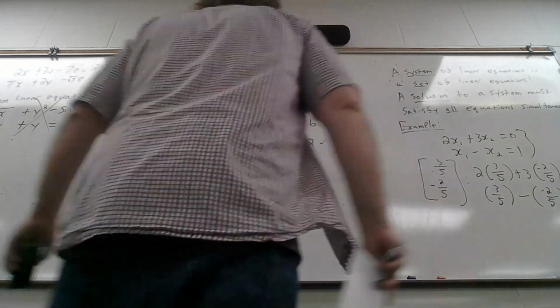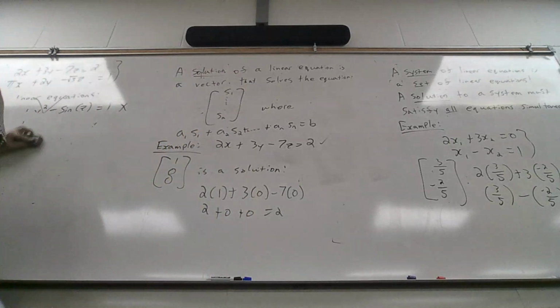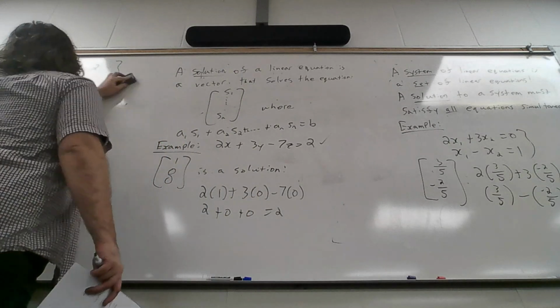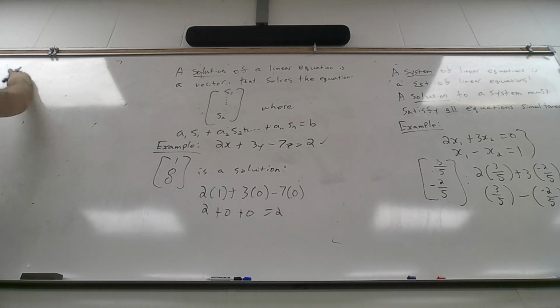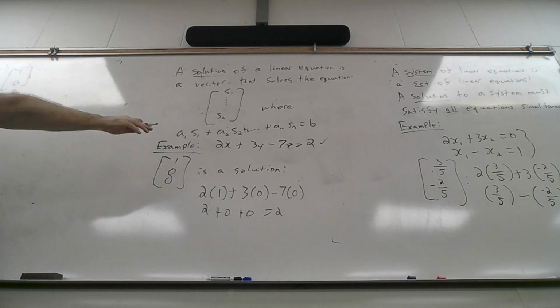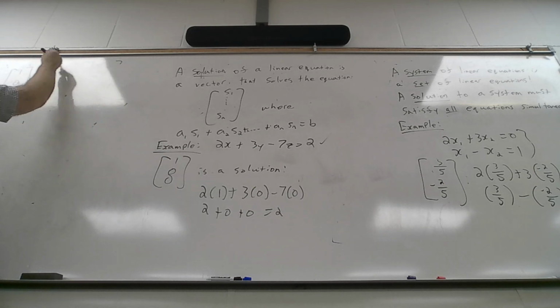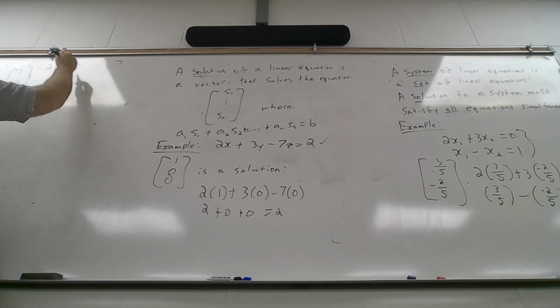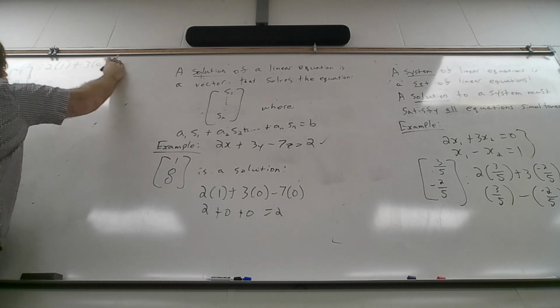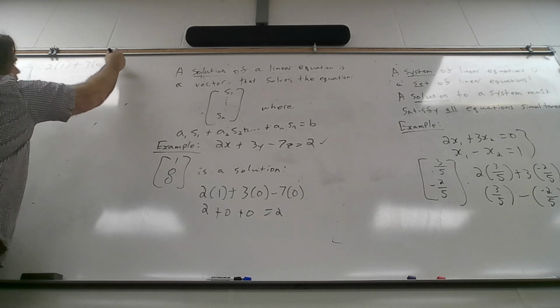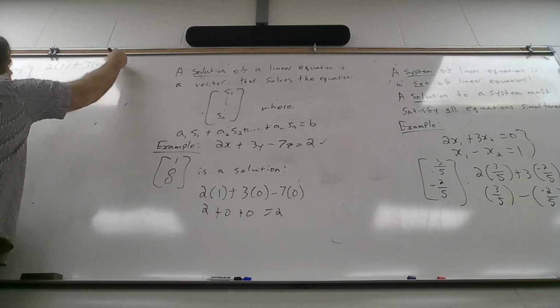Okay, what about some other set of numbers? So let's do 1, 0. So plug those in. 2 times 1 plus 3 times 0. That's 2, which is not 0.